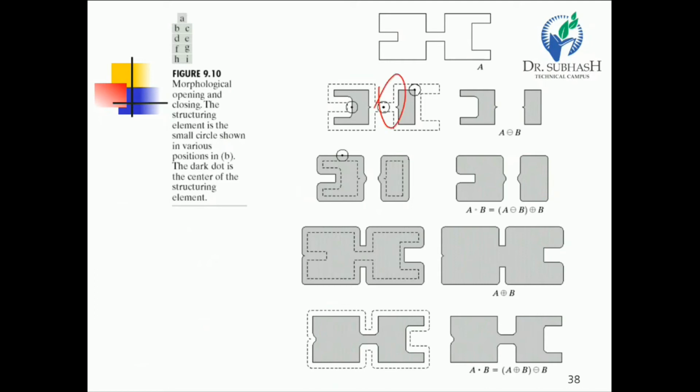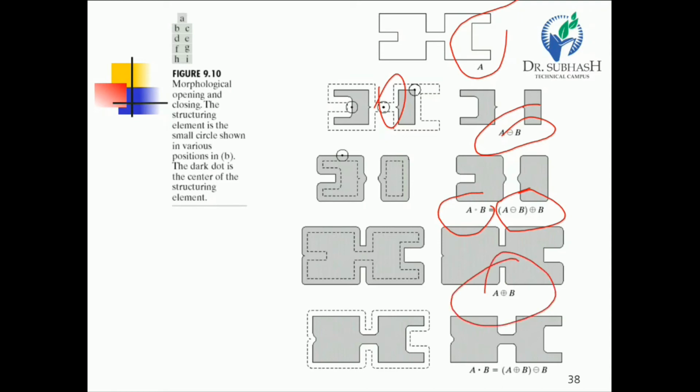This is figure A, and we find A eroded by B. In this figure we find A closing B, which is equivalent to A erosion B followed by dilation with B. Similarly, A dilation B, that one is the A closing with B, which is a similar result, with dilation and then erosion.